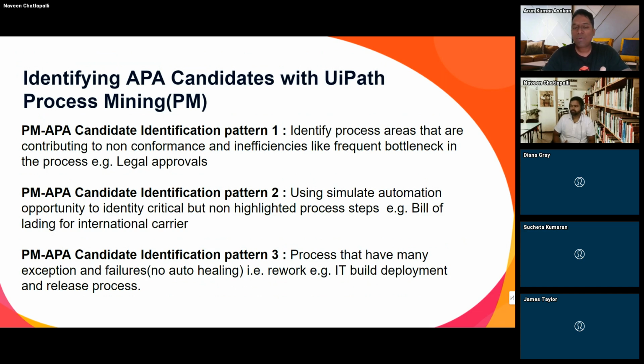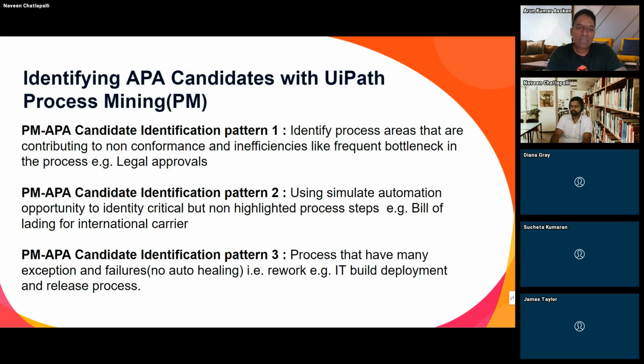But as we are going to use the reflection capability of APA, these bottlenecks will be relooked by the agent again and again until the process is continuously improved and automated in the long run. So we can identify those very problematic process areas using this technology.